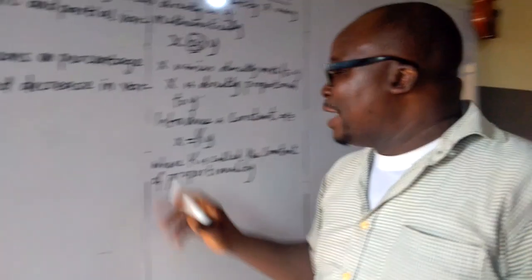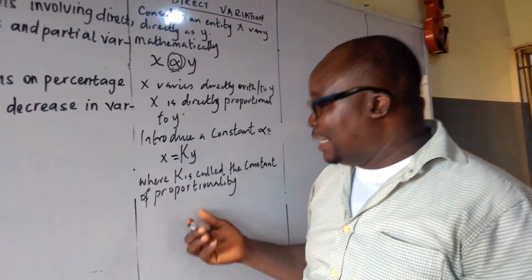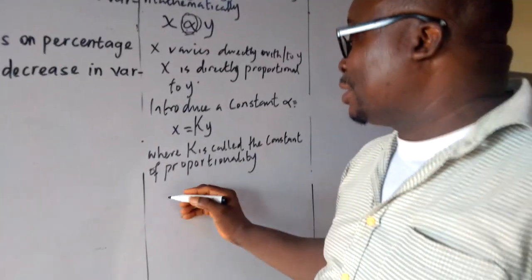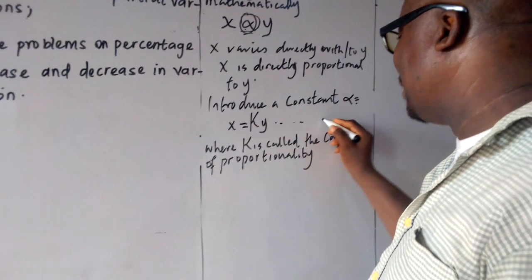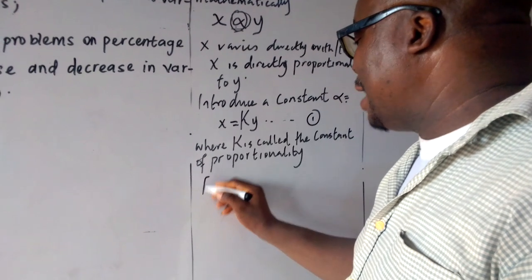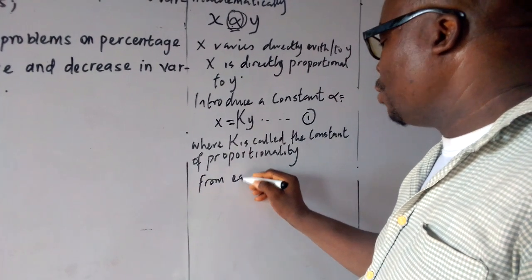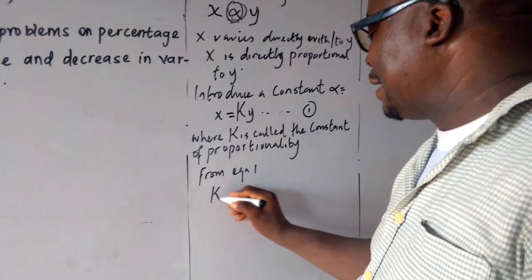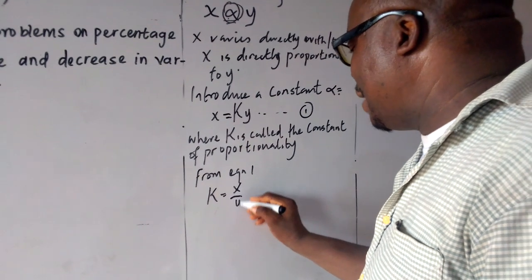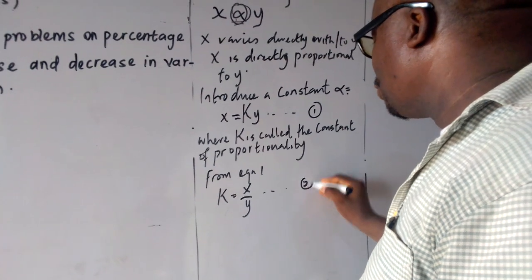Let me call this equation 1. From equation 1, k is equal to x over y. This becomes my equation 2.